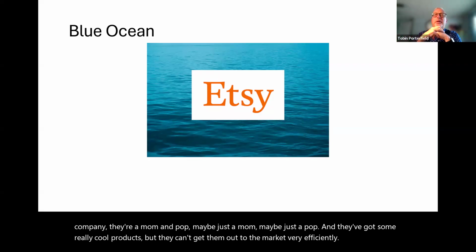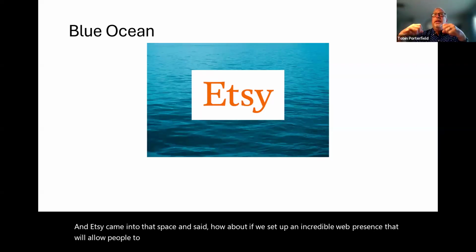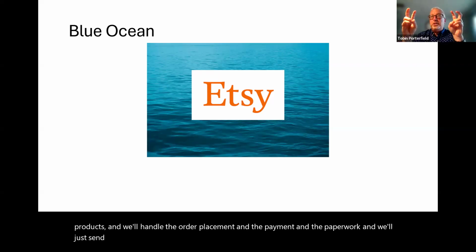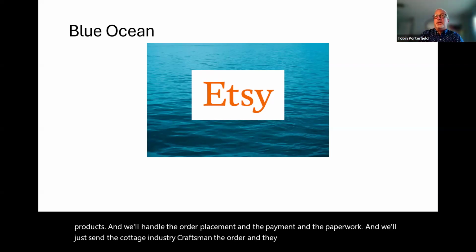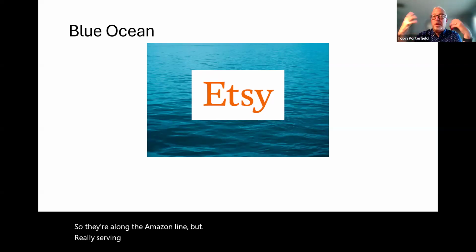And Etsy came into that space and said, well, how about if we set up an incredible web presence that will allow people to highlight those products and will allow customers to select from those products, and we'll handle the order placement and the payment and the paperwork, and we'll just send the cottage industry craftsman the order, and they will ship the order to the customer. So they're along the Amazon line, but they're really serving the crafts market, a space that really isn't well served. So Etsy's a great example.